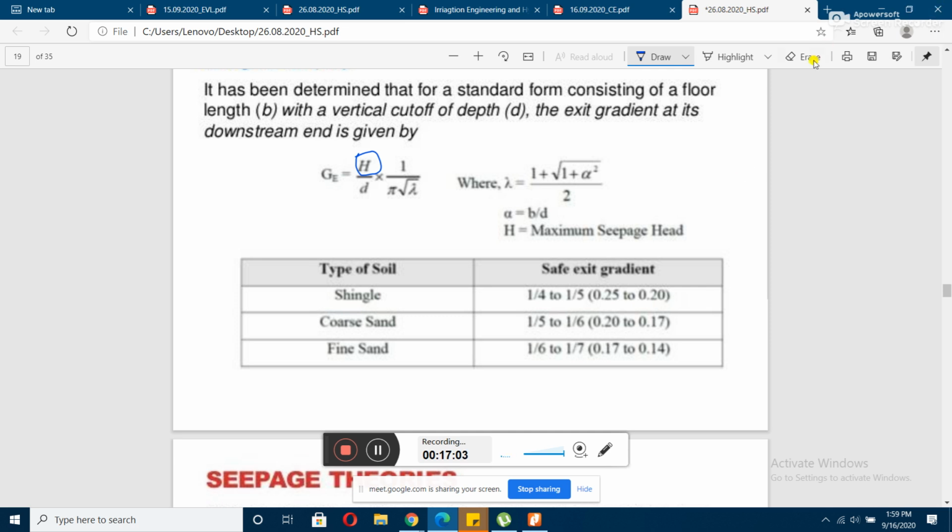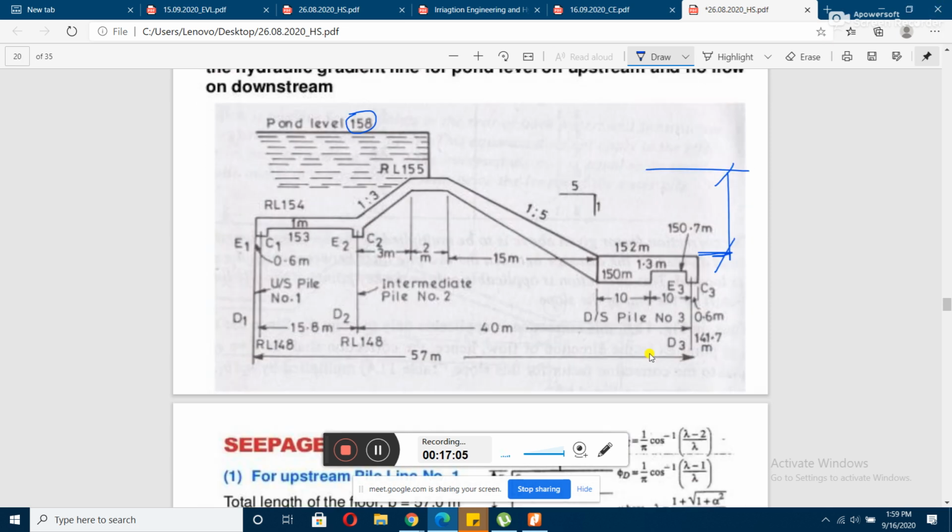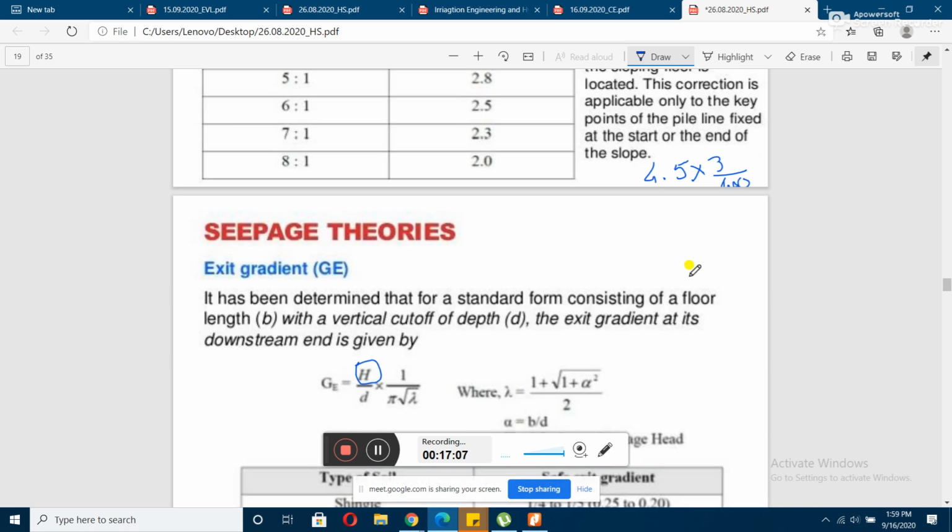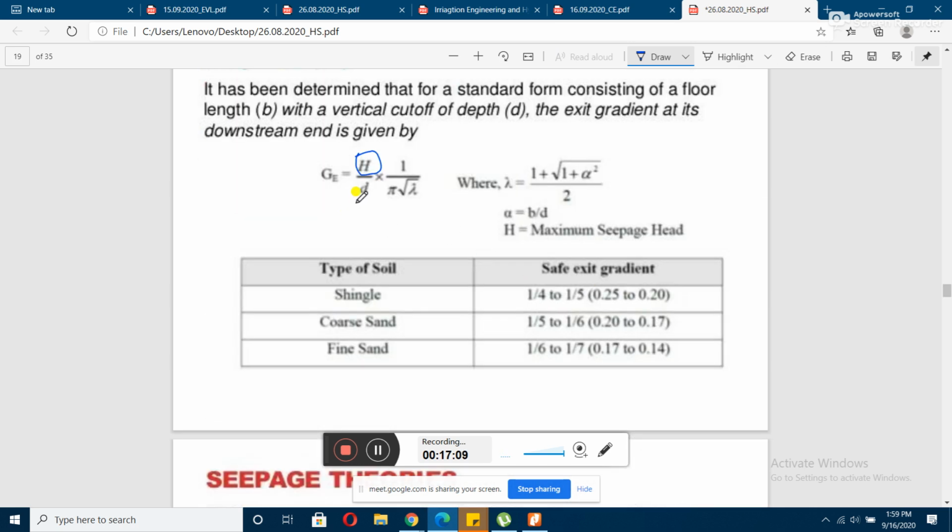But from our calculations while designing the weir, we have found it is somewhere around 0.24. So we can say that that particular weir is not suitable for coarse sand, okay. So these are the things that need to be paid attention to, okay.